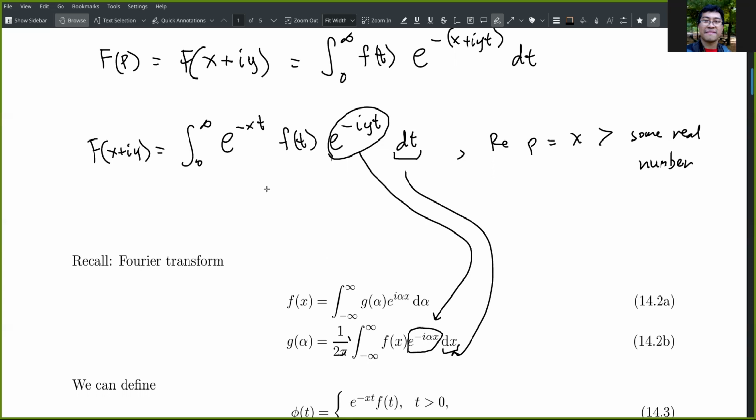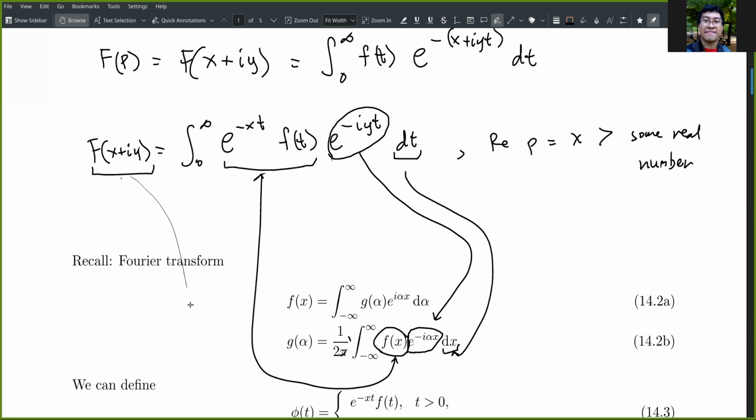This e to the power of minus xt would correspond to this term here. So this would also correspond to this g of alpha.